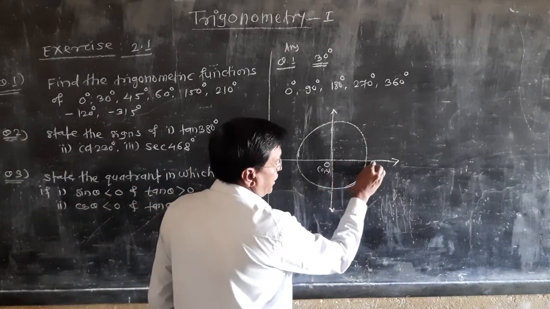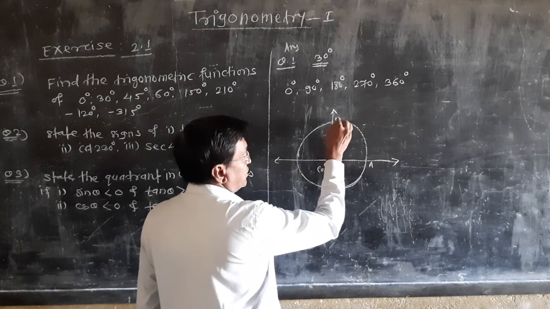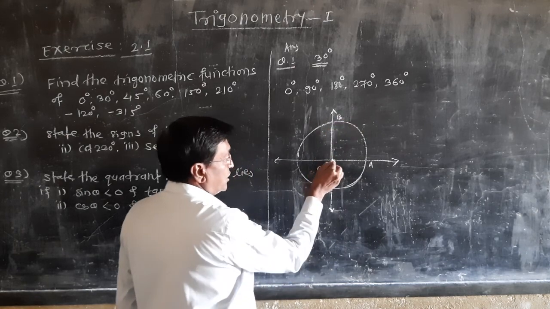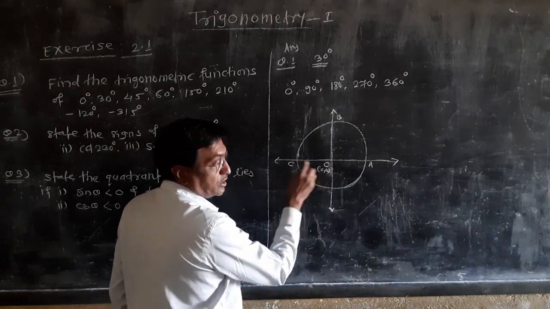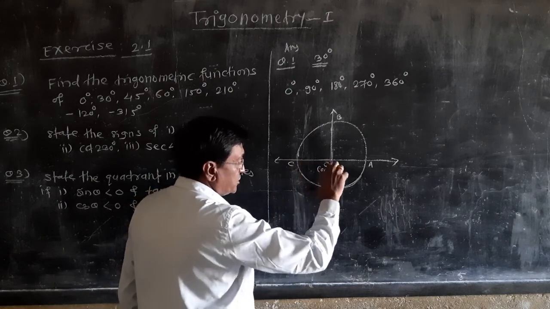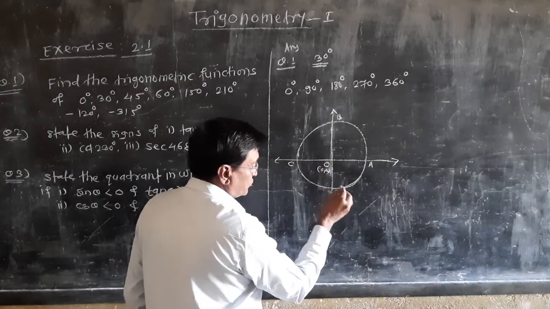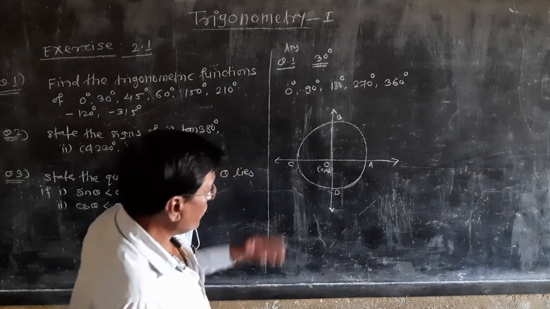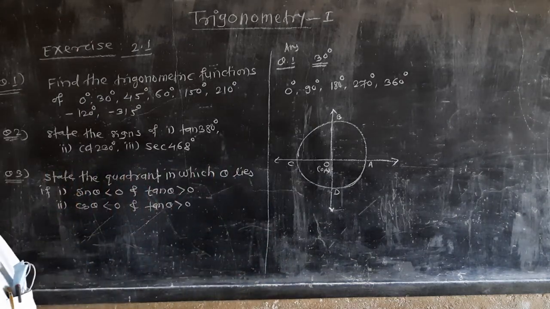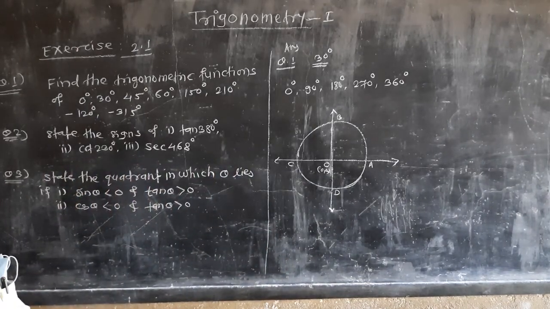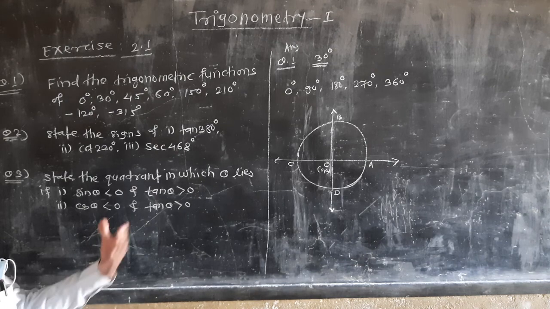Suppose this is A, this is also a radius, that is OB, which is also 1. This is the radius OC, that is also 1. This radius is 1. This radius is 1. And now OA, OB, OC, OD are the radii of the circle, and that circle is the unit circle. That's why that is 1.